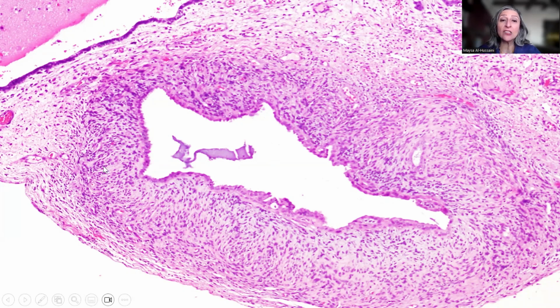So we have the glandular component, and then we have the stromal component cuffing closely aligned to, opposing the epithelium with some perpendicular growth around the epithelium. This is the typical appearance of adenosarcoma.